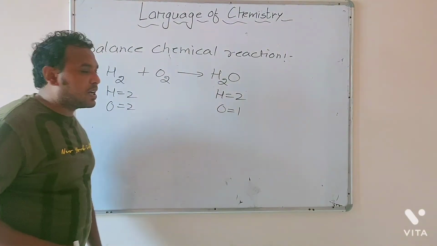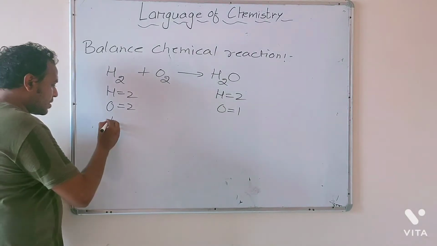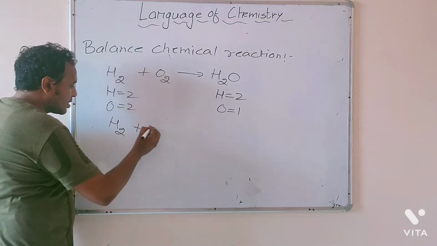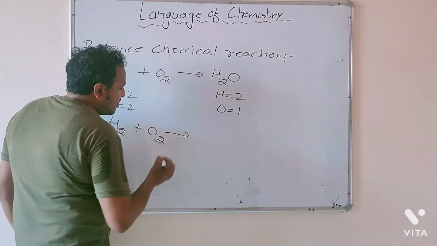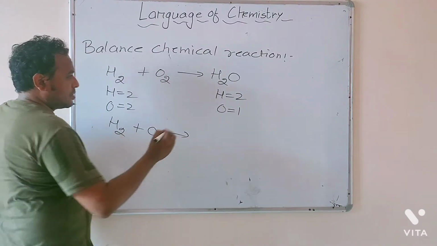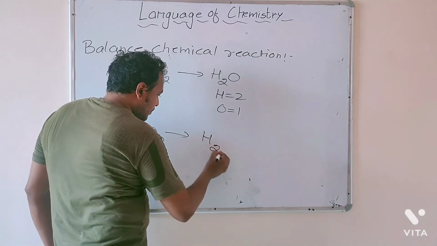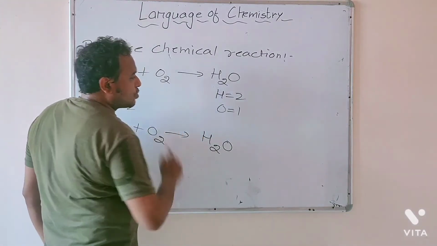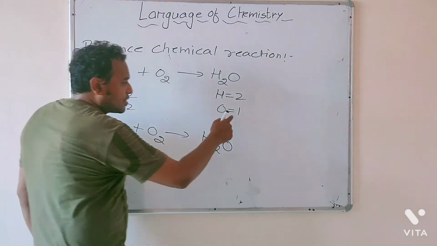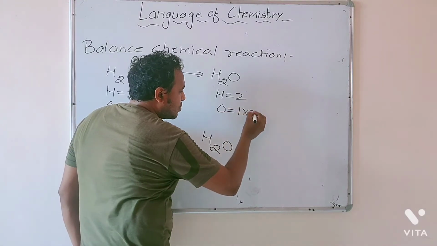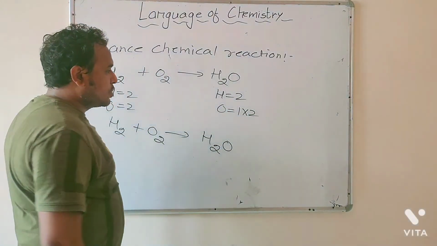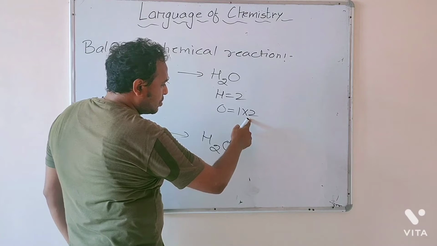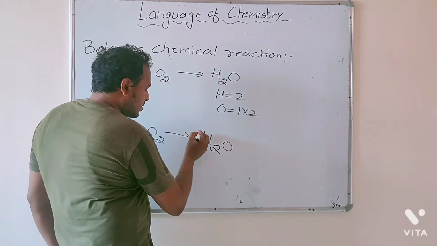How can we balance this chemical equation? We can balance it by multiplying the numbers of atoms. See over here, oxygen is 1, oxygen is 2. To make this oxygen 2, we have to multiply by 2. So now if we multiply by 2, we have to put 2 over here.